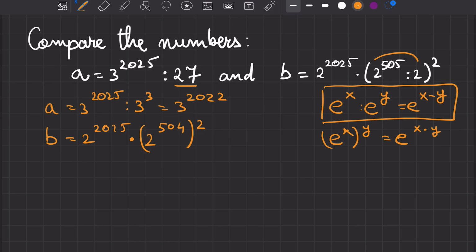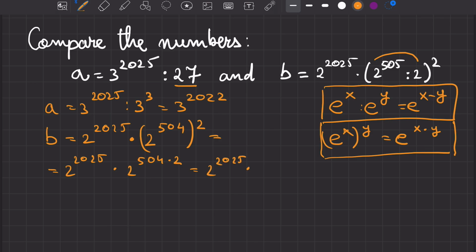And this is the power rule, which we apply here, and we would get 2 to the power of 2025 multiplied by 2 to the power of 504 multiplied by 2. This is equal to 2 to the power of 2025 multiplied by 2 to the power of 1008.